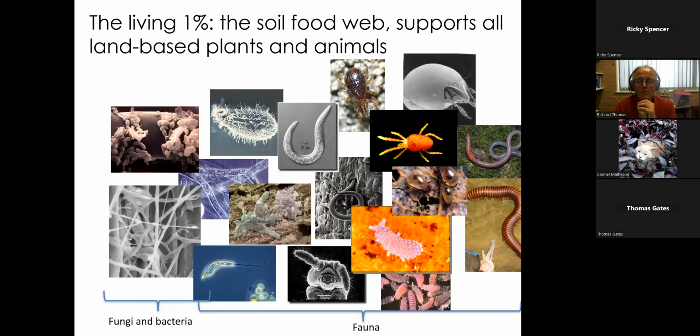So 1%, the living 1%, the soil food web supports all land-based animals and plants. Basically, without soil, we're stuffed, on every single level, from insects down to bacteria and subparticles.